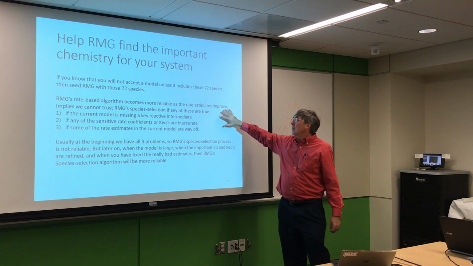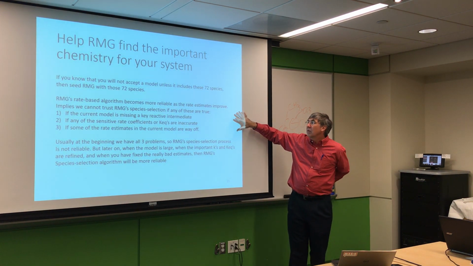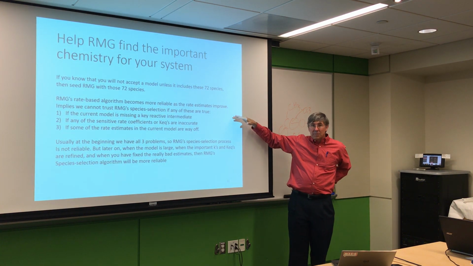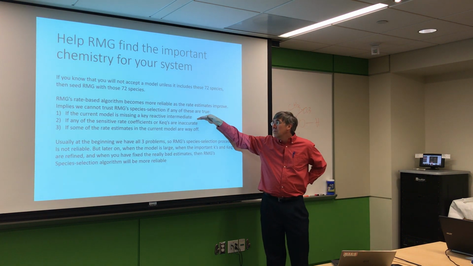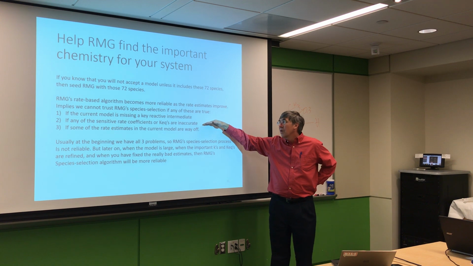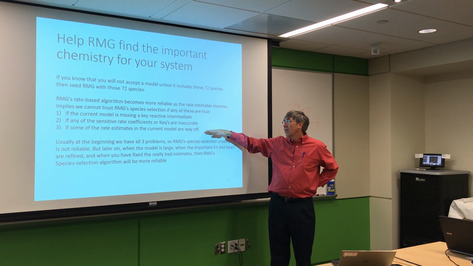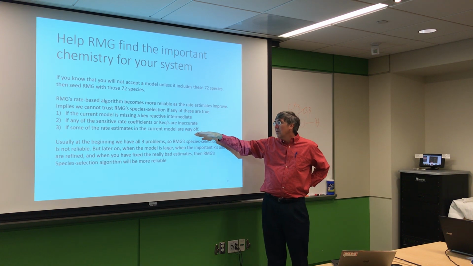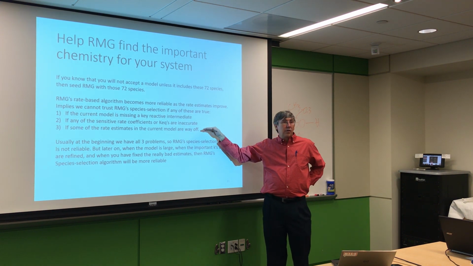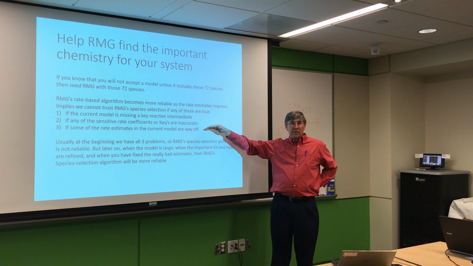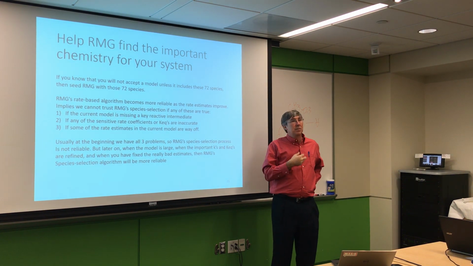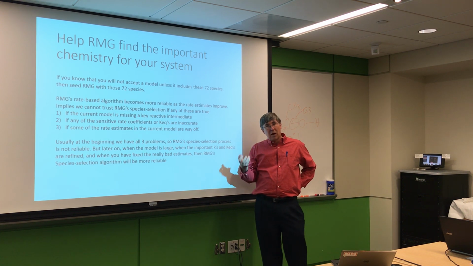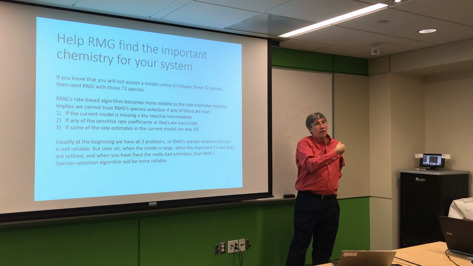All right, and the rate-based algorithm is generally better as the rate estimates improve, which means as the concentrations improve. So if your current model is missing a key reactive intermediate, or if any of the sensitive rate coefficients are way, way off, or thermo is way, way off, or if even some of the rough numbers that aren't that important are wildly off by factors of a million, in any of these cases, your concentration estimates can be bad, in which case the algorithm will be completely going down the wrong tree.